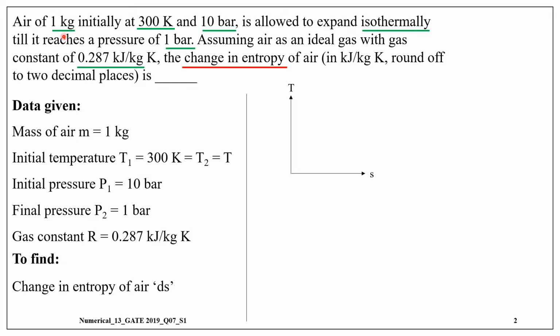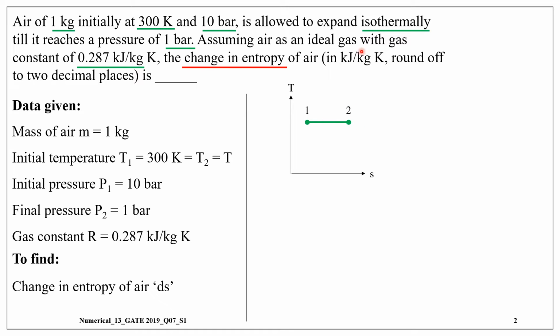There is 1 kg of air, which is initially at state 1. And this air is allowed to expand isothermally to state 2.